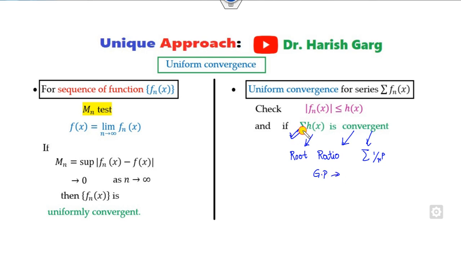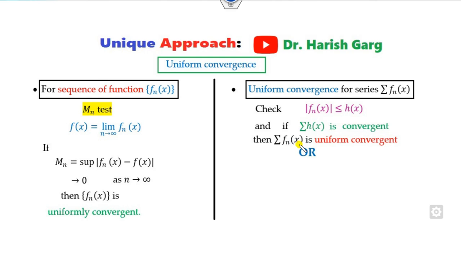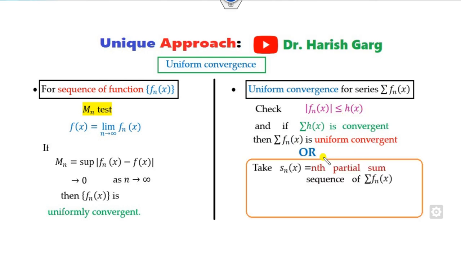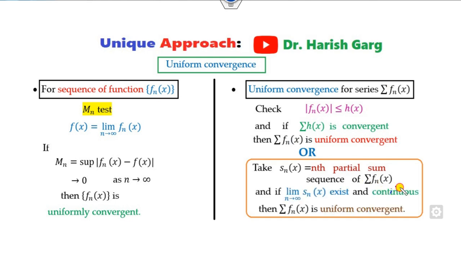If you prove that this series is convergent, then the given series is also uniformly convergent. On the other hand, if you are unable to find this Mn, then you can find the nth partial sum sequence and prove that its limit exists and is continuous. So based on these simple tips, you can solve any question related to uniform convergence. Make sure your target is to first identify whether it is a sequence or a series. Then you can apply the simplest approach.